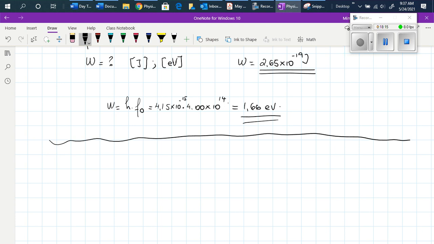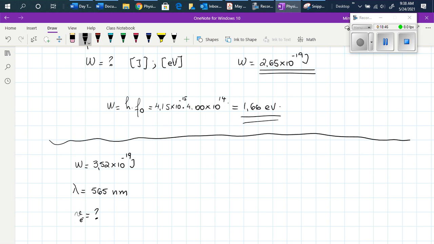So if the work function of a particular metal is 3.52 times 10 to the power of negative 19 joules, and it is illuminated by light with a wavelength of 565 nanometers, what is the speed of the escaping electrons?